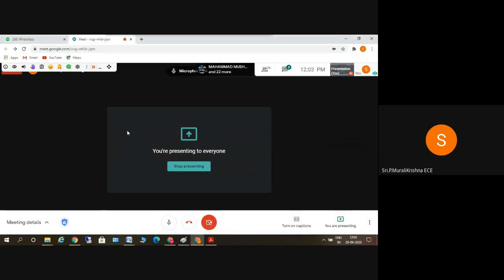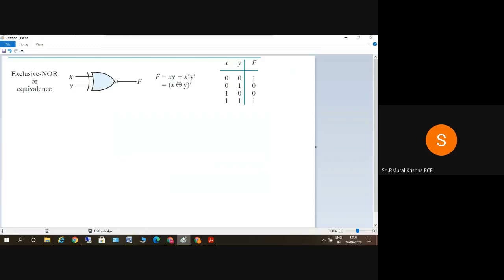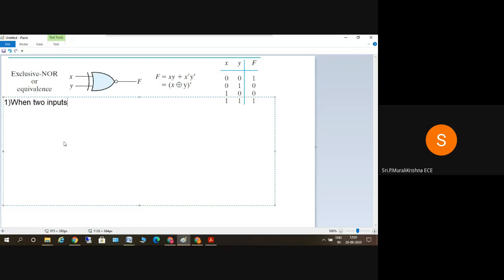This is the XNOR operation, which is the inversion of the XOR operation. And this will be the truth table here. So the conclusions will be like this. When two inputs are similar, output is high.